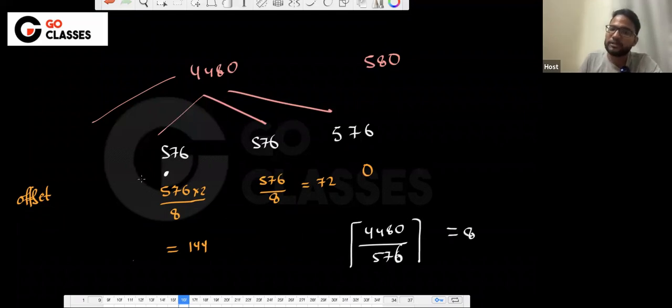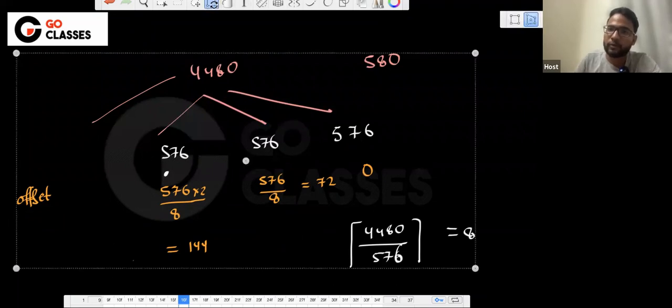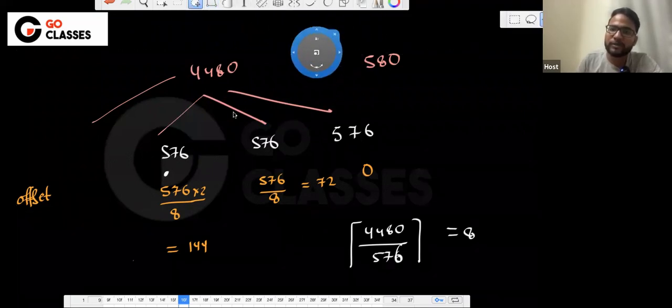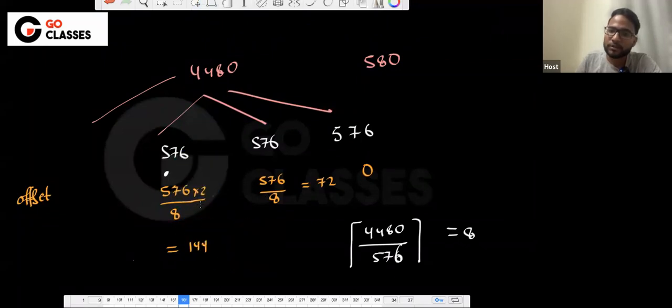So there are 8 fragments, and let's suppose they ask you the offset at the last fragment. Then what you need to do is multiply 576 by 7, so 576 times 7 divided by 8. Basically it will be 72 times 7, which is 504, right?